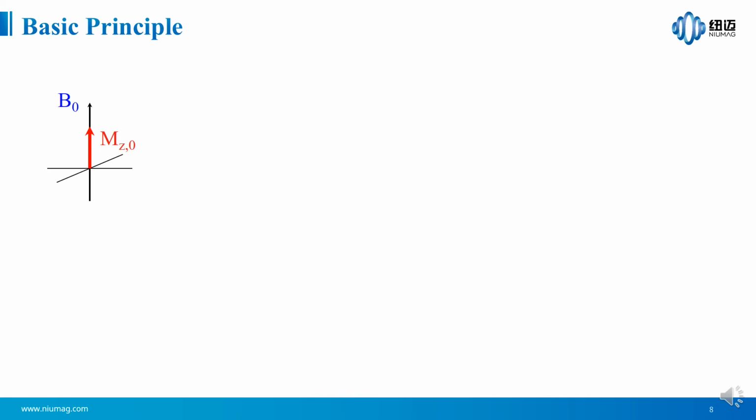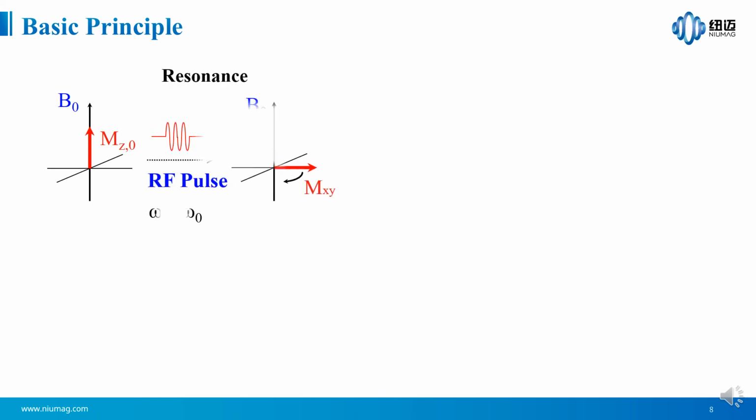Let's talk a little bit about how NMR happens. The sample placed in a magnetic field generates a constant longitudinal magnetization vector represented by Mz, followed by the application of a radio frequency pulse, which occurs when the frequency of the radio frequency pulse is equal to the Larmor frequency.